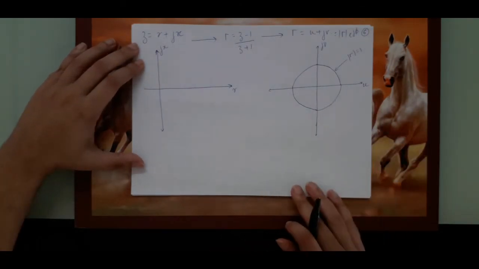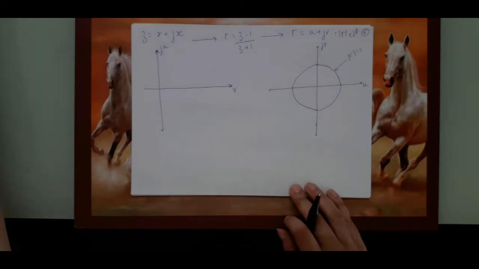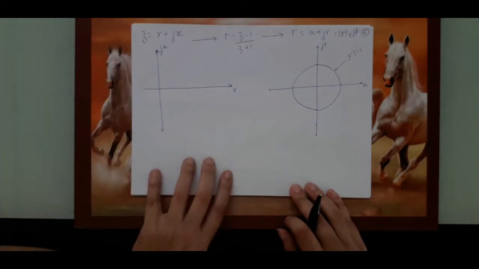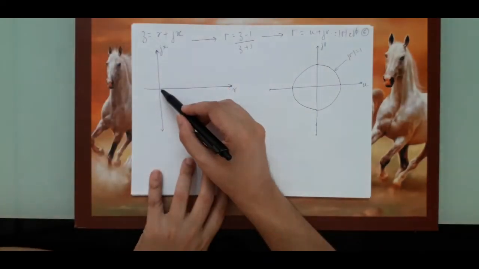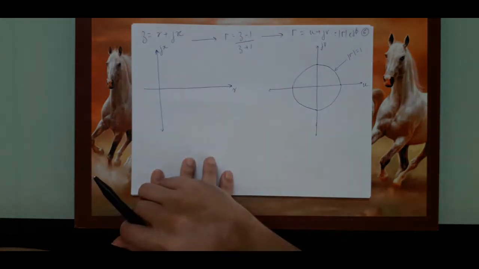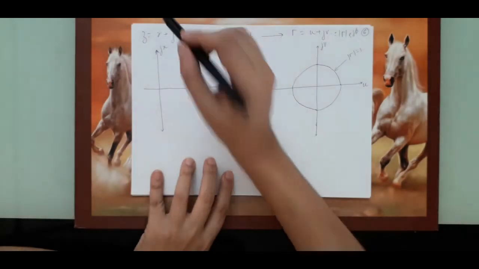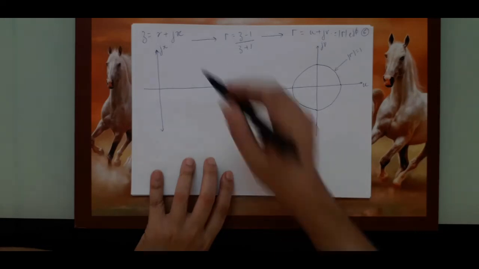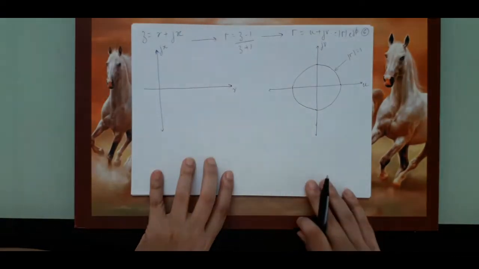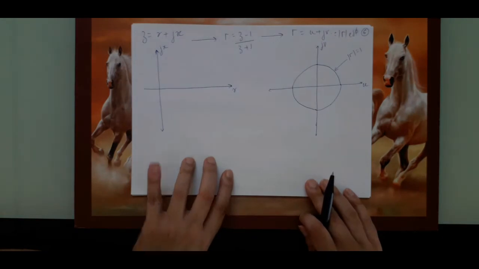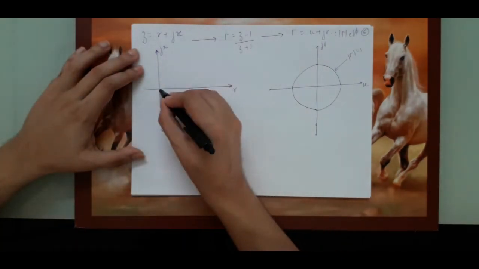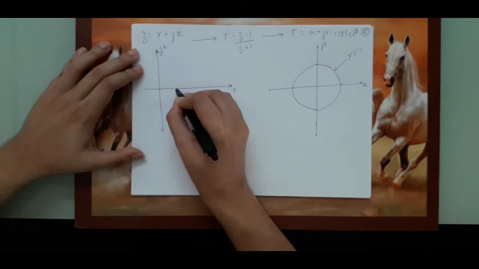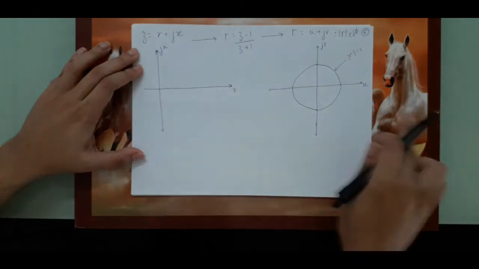Now let us investigate case by case. What happens when Z is purely real or purely resistive? That means the imaginary component jX is 0. So if that is the case, all the possible values can lie on the R axis.